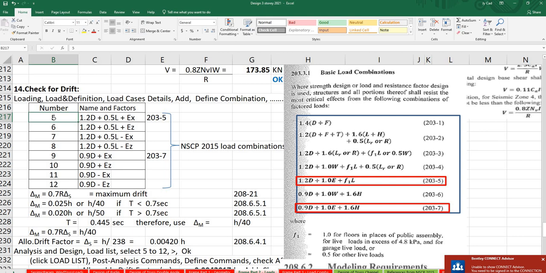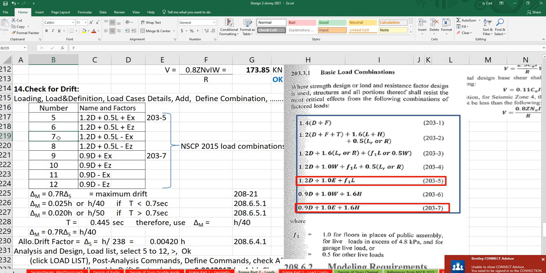Take note na ang ating load cases is apat. Yung first two, yan yung EX tsaka EZ, tapos yung number 3, yan yung dead. Number 4, yan yung live. Kaya itong combination, load case number 5, that is actually combination na yan, ano? Then 6, 1.2 dead plus 0.5 L plus EZ.